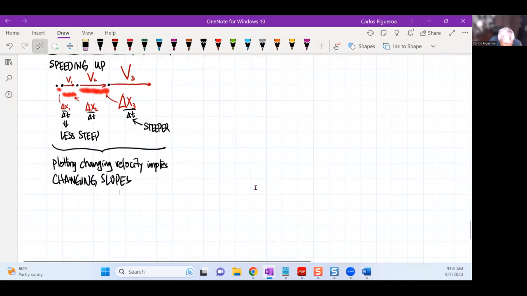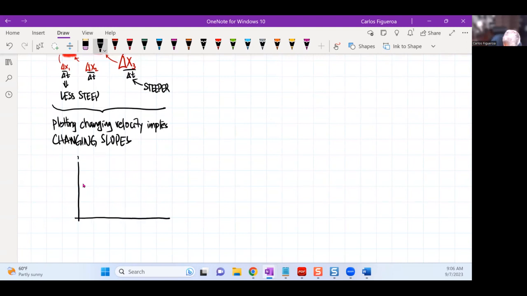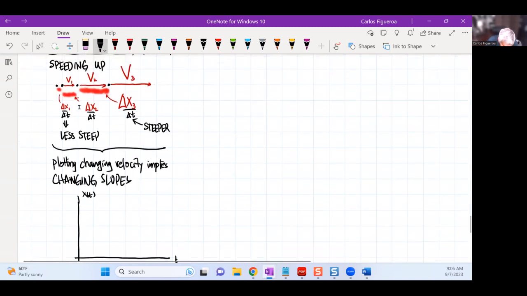So let's draw this out. If I look at my curve, what am I seeing here? Okay, so here I go. So this is x of t.